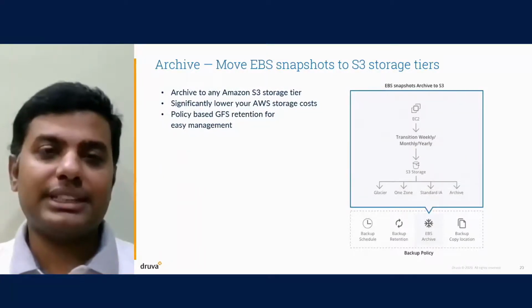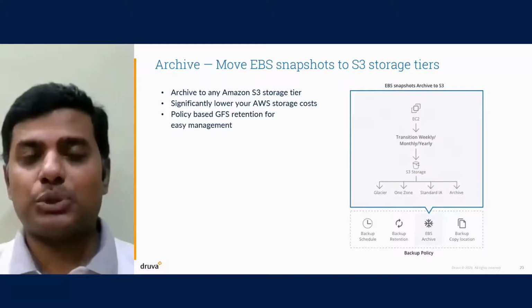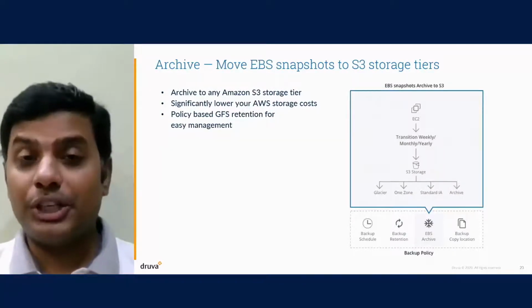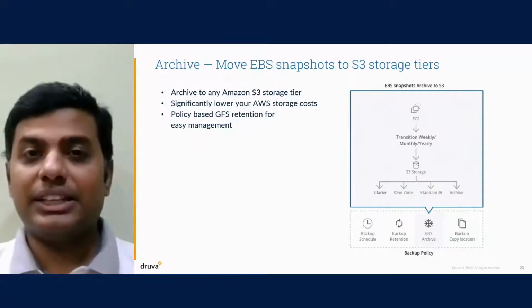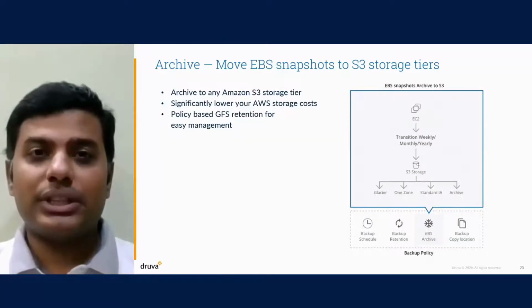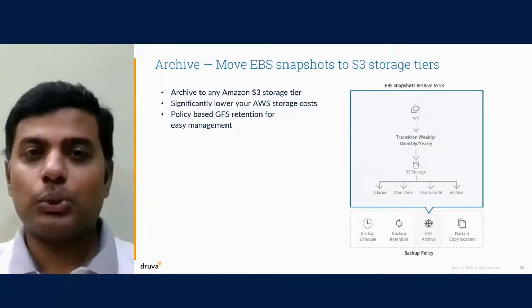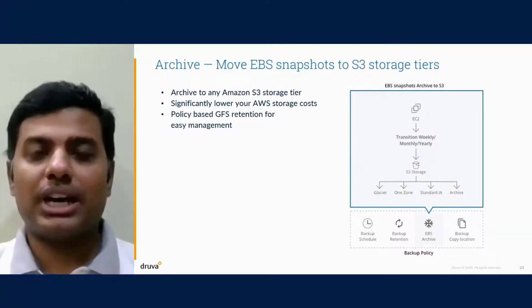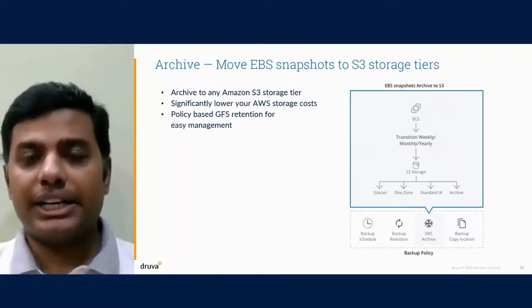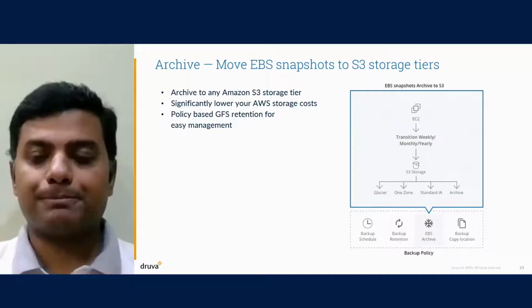Simply being able to take an existing snapshot and say, move that snapshot to Glacier or Deep Archive, where it roughly costs about $1 a TB a month, is the savings that you can derive. So that's one of the areas that we have also added as a part of our archival support, so that existing snapshots can be moved out in an effective way and stored in your account for longer term purposes.